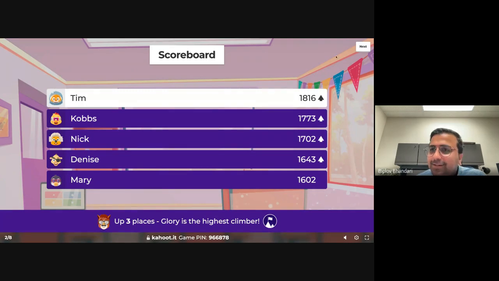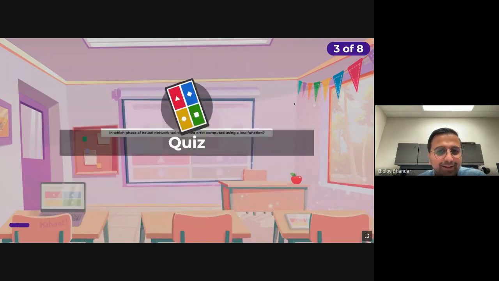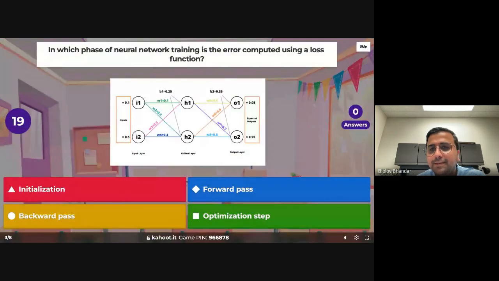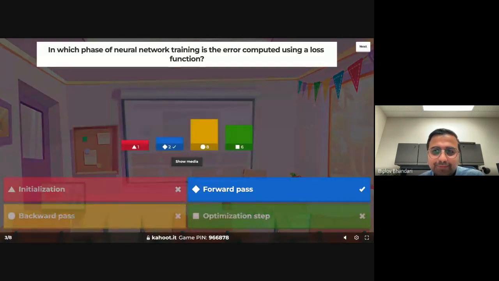Okay, so let's go to the next question. Again, a quiz. In which phase of the neural network training is the error computed using a loss function? Is it during the initialization phase, forward propagation, the forward pass, backward propagation, the backward pass, or the optimization step? Nice.